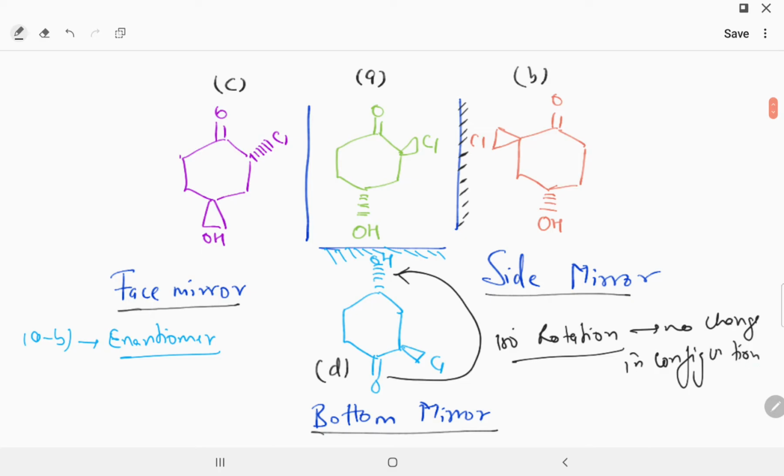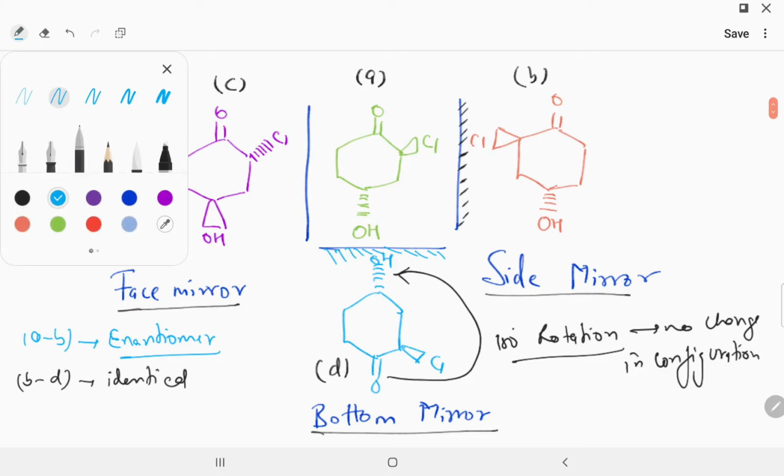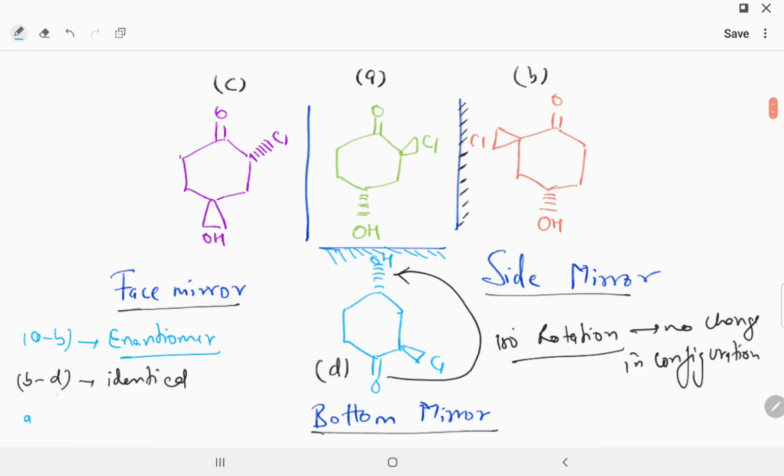So when you rotate D 180 degrees, it looks like B. So I will say B and D are identical. By the help of this I can say directly that if B and D are identical, then A and D are also enantiomers.